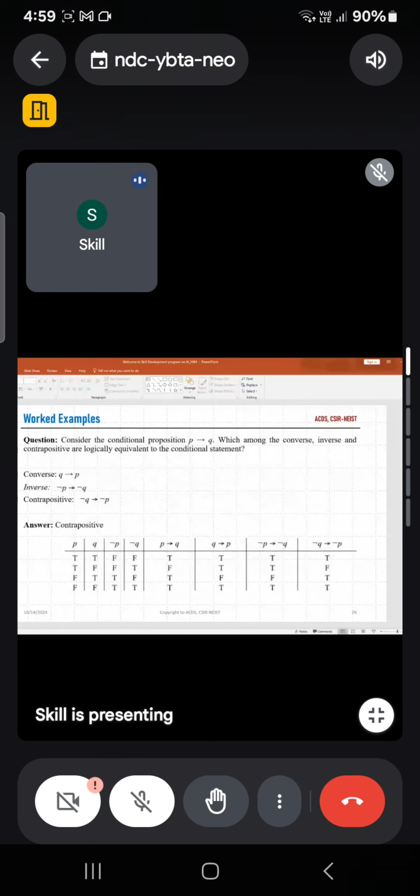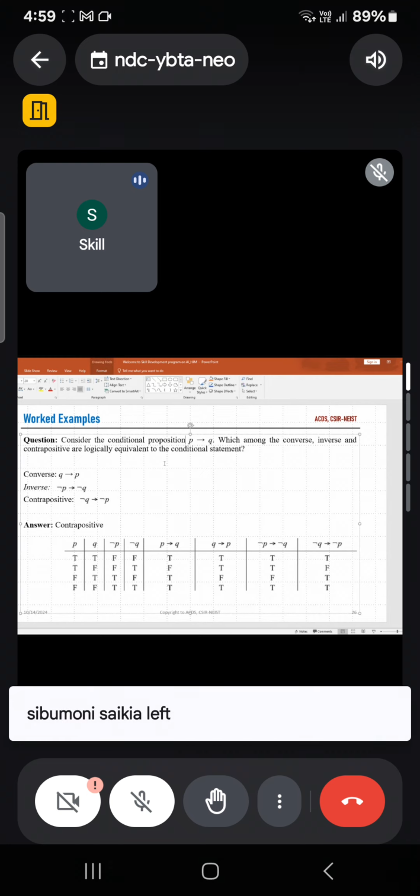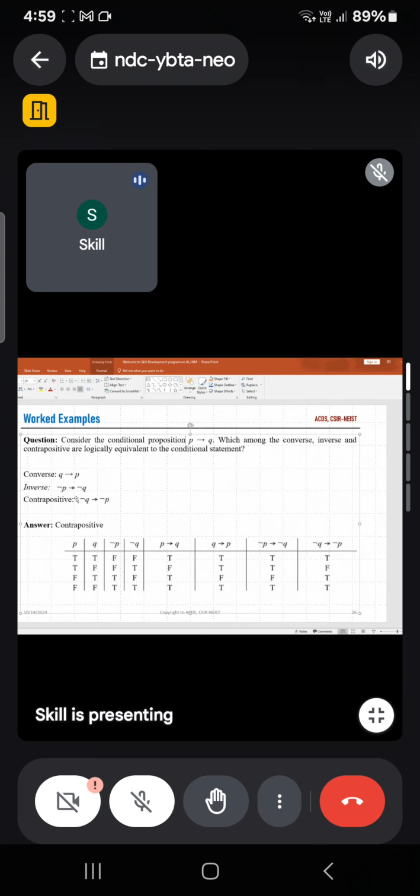Now again we will see another example. Again the conditional proposition P implies Q. Which among the converse, inverse and contrapositive are logically equivalent to the conditional statement? We will find out using the truth table.